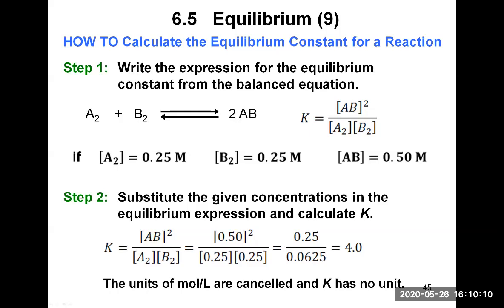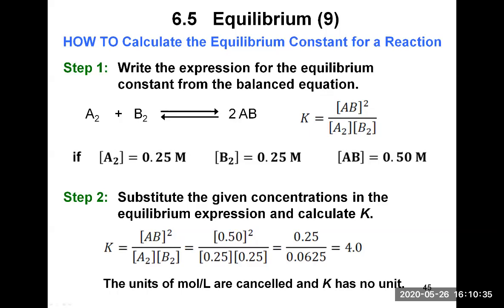You should answer that both reactant and product are present, because 4 is a value considered close to 1. It's less than 100 and more than 0.01, so reactant and product are both present in similar magnitude at equilibrium.